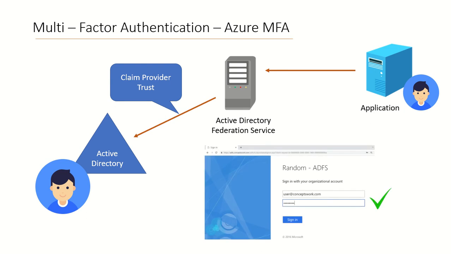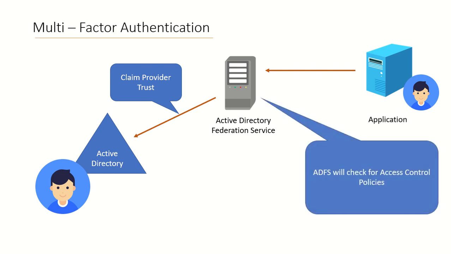Once it is verified from your AD, the next step which ADFS has to do is to go ahead and check access control policies. So this is something which happens by default. In fact, if you don't have any policy that should trigger MFA, ADFS will directly issue a token to your application.